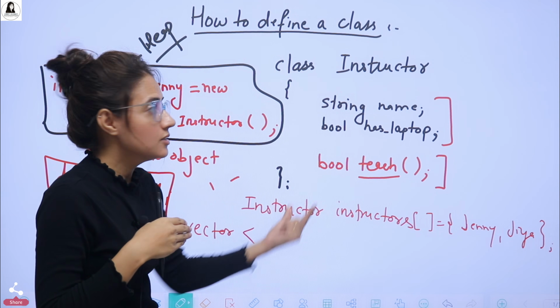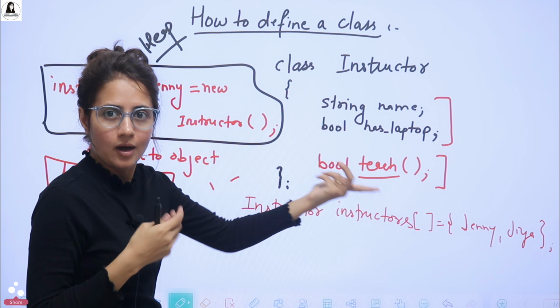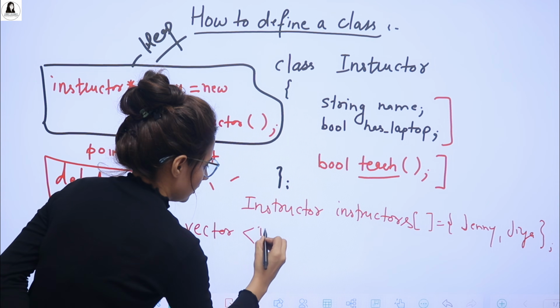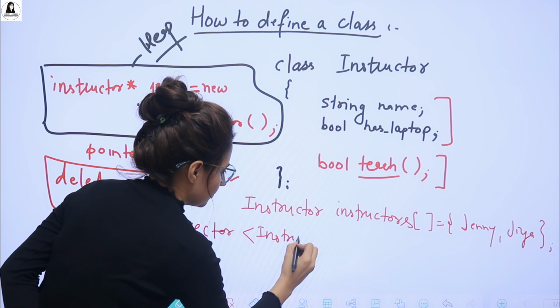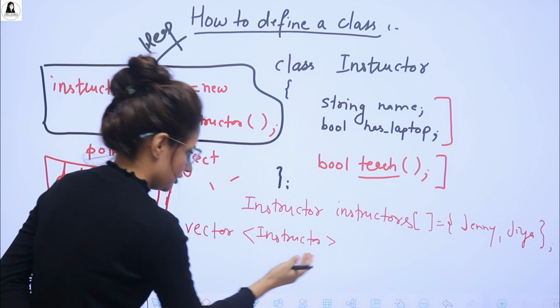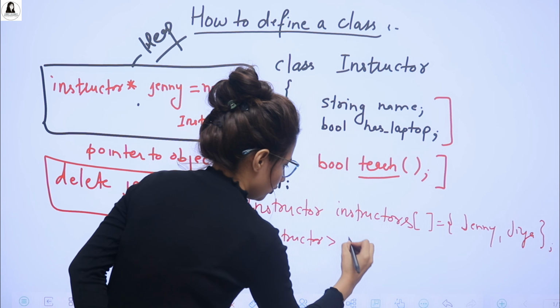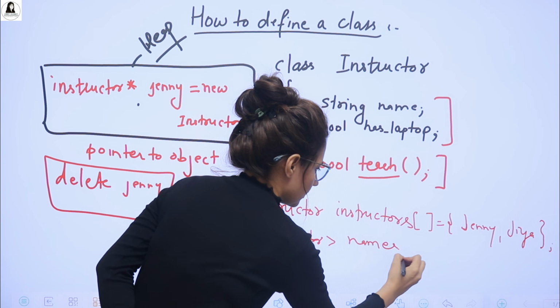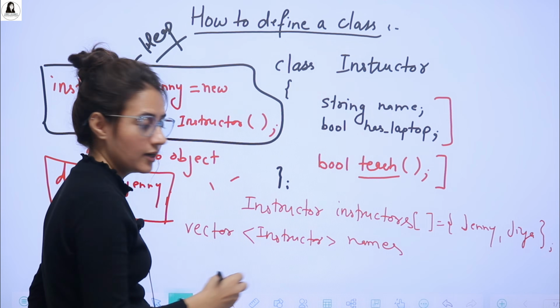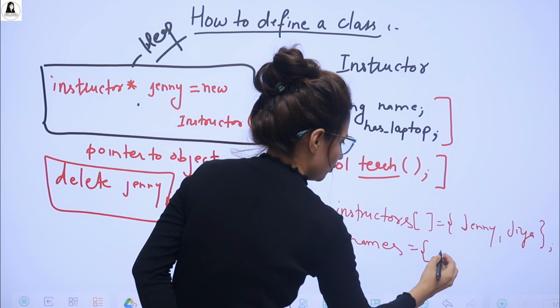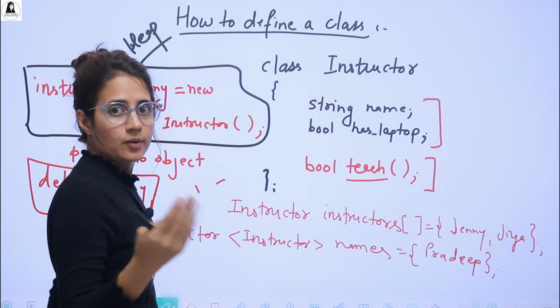Here the data type is instructor, our own defined class. So we just write instructor because this is the data type, and here the vector name, any name, suppose names. That's it.